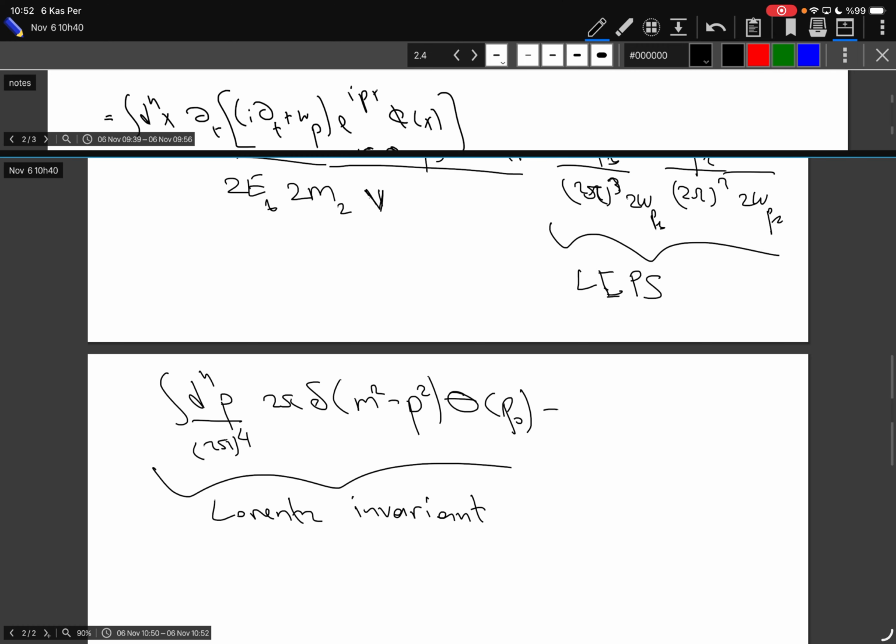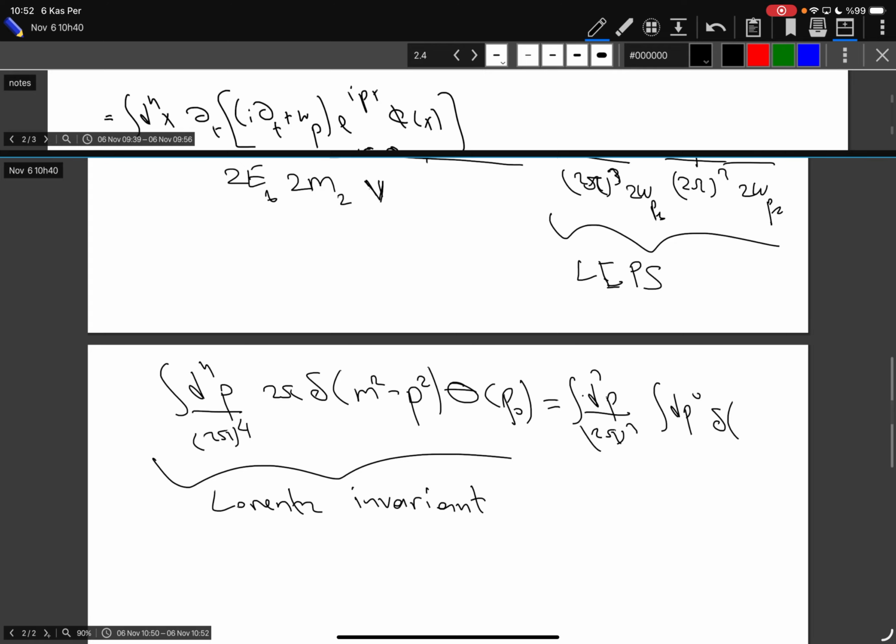Now, let me separate the 0 component integration and the other integrals. dp0, I have Dirac delta omega p squared minus p0 squared. p0 goes from 0 to infinity.